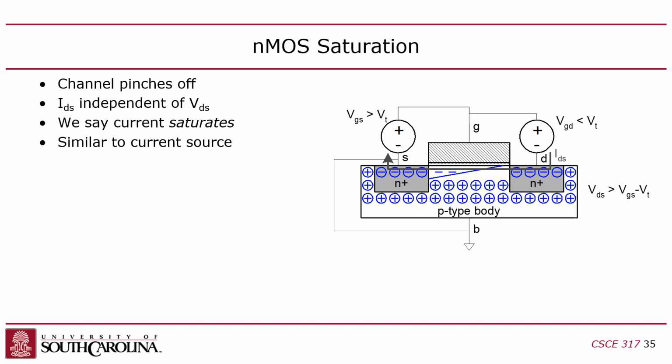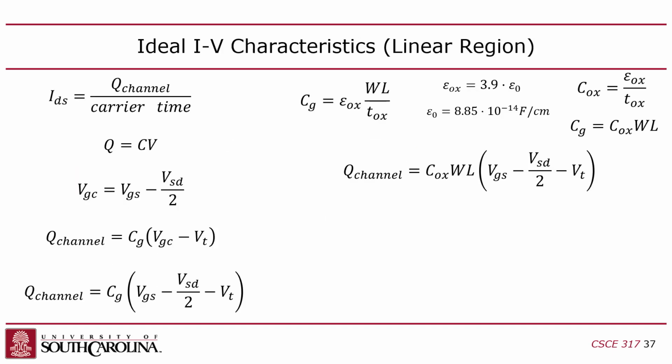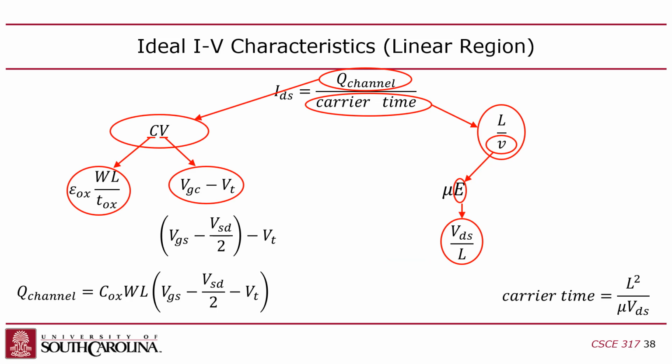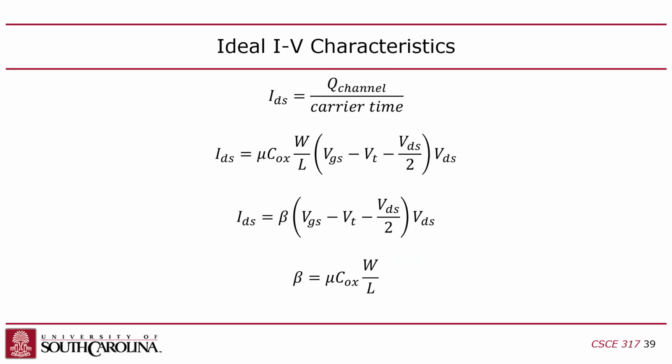So hold on, if we go back to it, notice that the current is scaled by this beta term, and the length is in the denominator. So I want higher current, so I want this length to be minimized. I can increase the width for more current, right? That's basically the idea.